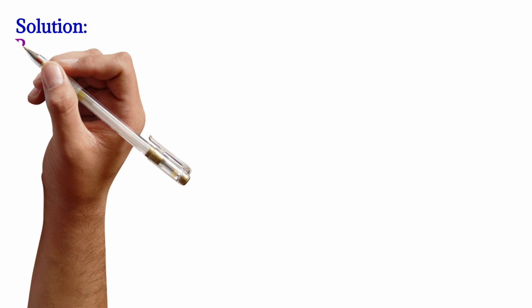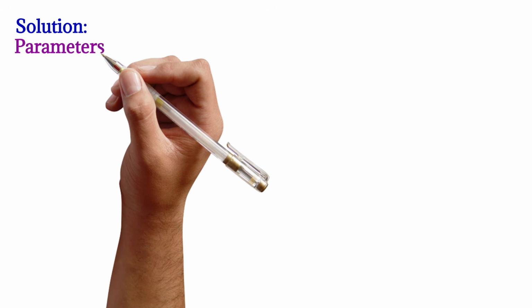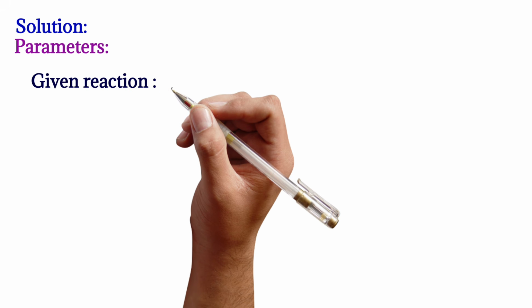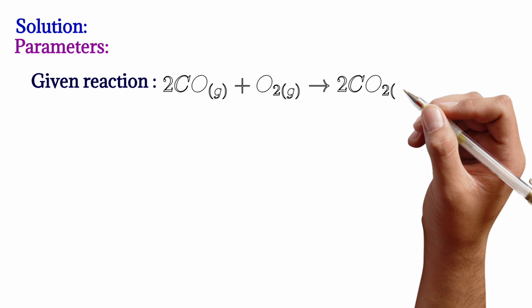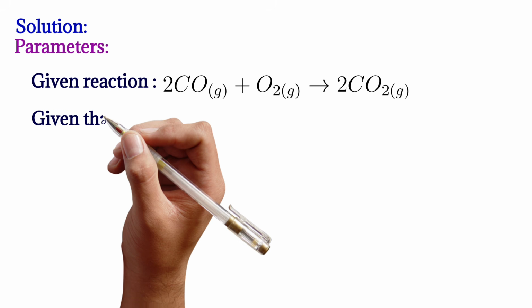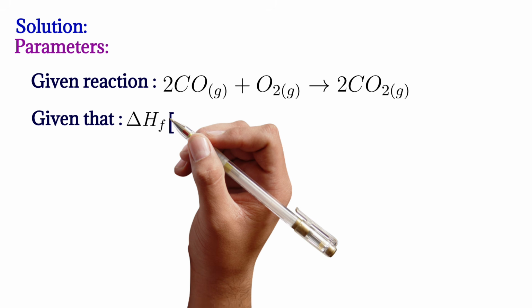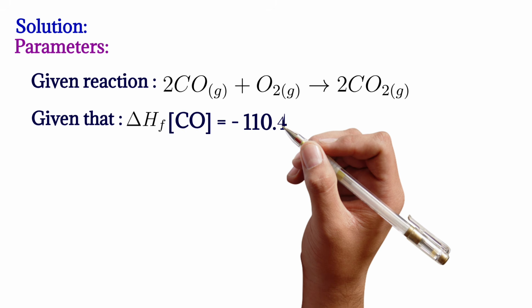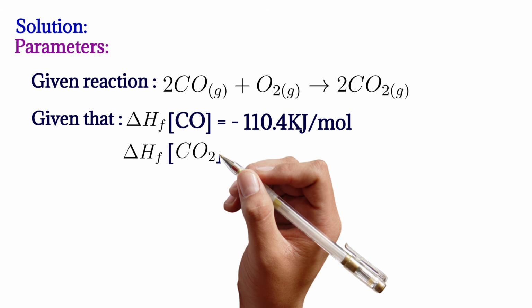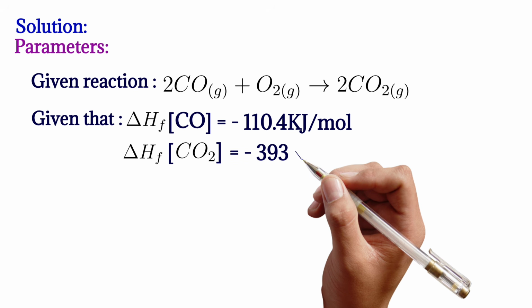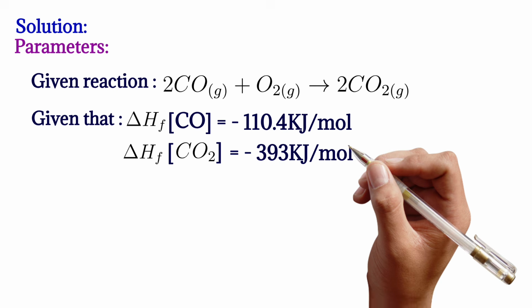Solution. Let's quickly write out our parameters. We are given a reaction. 2CO gas plus O2 gas gives 2CO2 gas. We know the enthalpy of formation of CO is minus 110.4 kilojoules per mole, and the enthalpy of formation of CO2 is minus 393 kilojoules per mole.